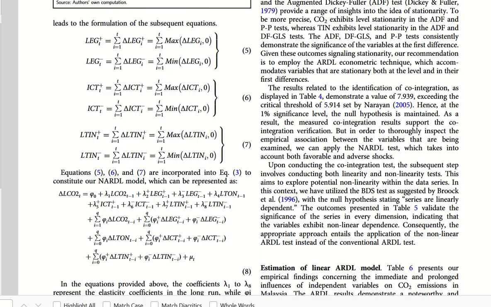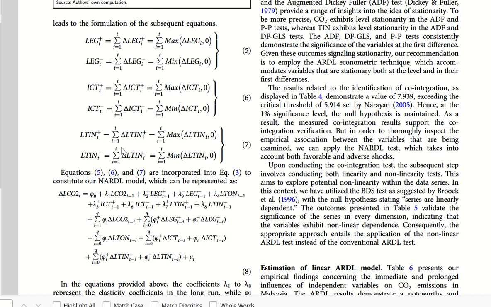And in step 8, we will discuss the NARDL model equations. Now here you can check equations 5, 6, 7 and 8. They all are related to the NARDL model that represents the positive and negative shocks.